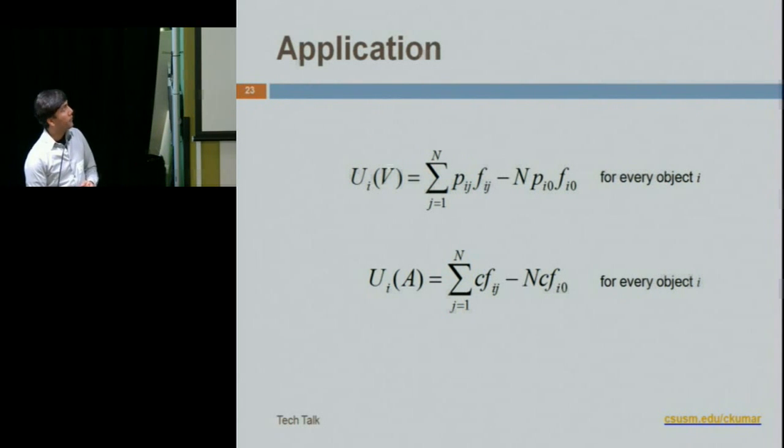Now, for the vendor's utility, we wanted to keep the objective function simple, and we said, let it be revenue maximization.